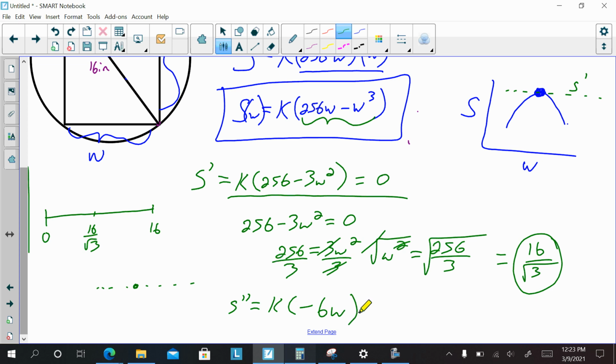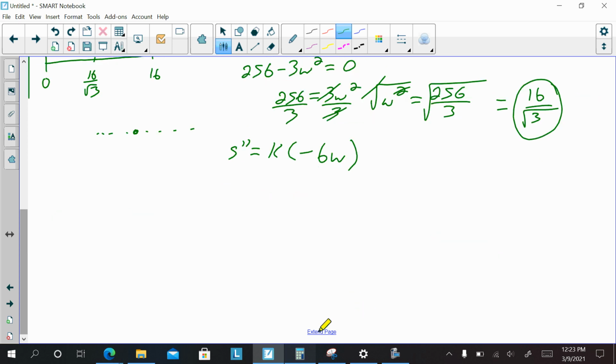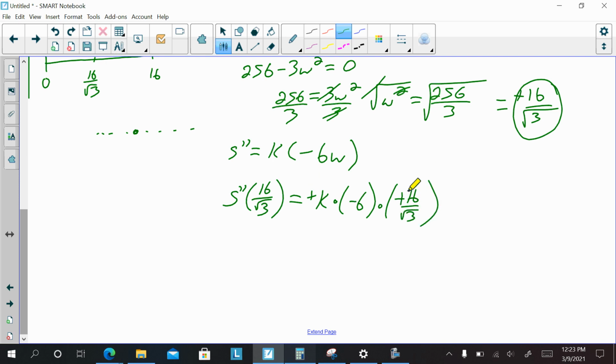If we substitute, if K is positive, if we substitute this positive number in for W, 16 over root 3, we're going to have a positive K times negative 6 times positive 16 over root 3. So positive times positive, we're going to get a positive for our second derivative.